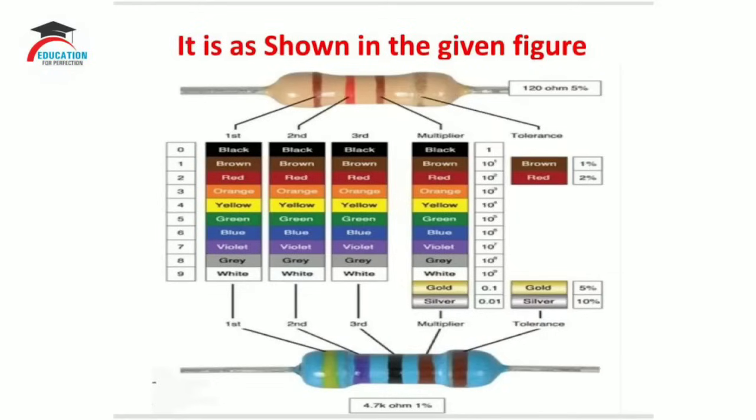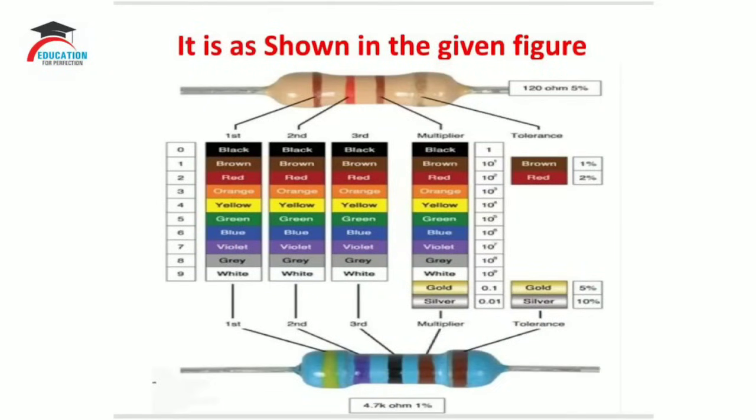As we are seeing in the figure, 0 is along with the first color band, that is black, and number 1 represents the next color band, that is brown.